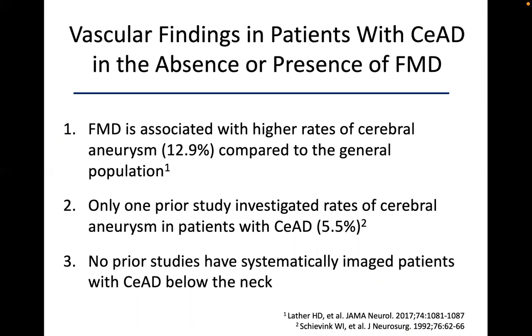There's only one study that I was able to find that looked at rates of cerebral aneurysm in patients with cervical artery dissection. It's from the 90s, and it reports 5.5% of patients with cervical artery dissection had an aneurysm. And again, there were no prior studies aside from the more recent Arcadia registry studies that systematically image patients with cervical artery dissection below the neck.